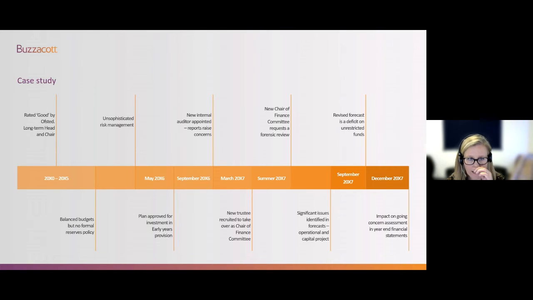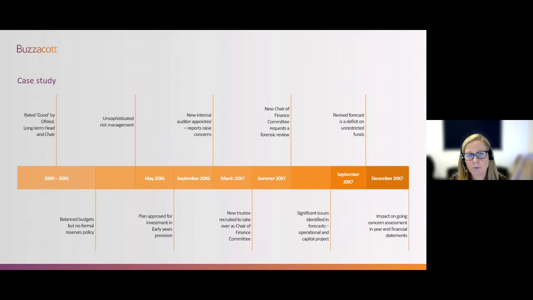So he looks into this in a bit more detail, and because he isn't satisfied with what he is seeing in terms of actions and what the trust has been doing to address these points, he requests a further forensic review of the financial reporting and budgeting, and in particular he also wants this capital project to be looked at in a bit of detail.